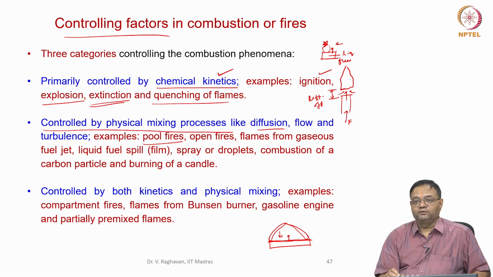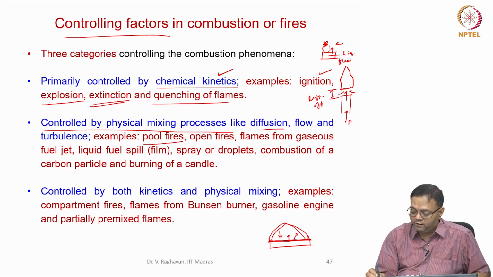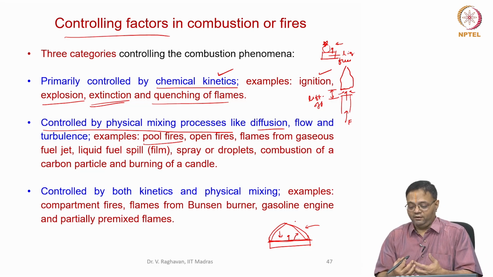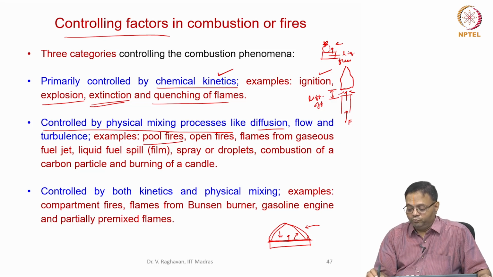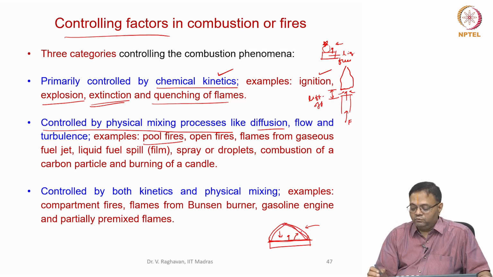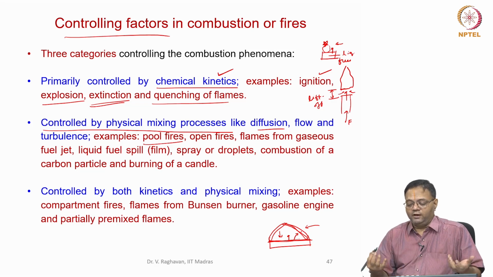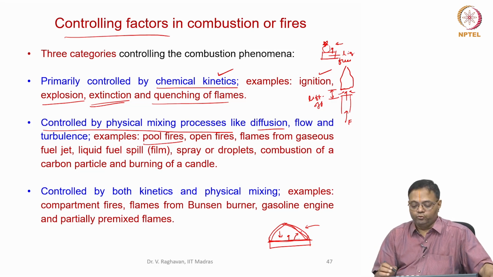So this flame sustains. The fuel vapors are transported from the fuel surface to the flame, oxygen from the ambient comes and the flame sustains here. It is only the mixing of fuel vapor and the oxidizer. So the flame forms wherever the fuel and oxidizer are mixed at stoichiometric proportions, as we have seen in the diffusion flames. So there is very little for the kinetics to do here.